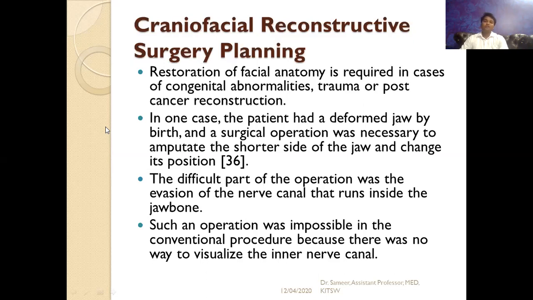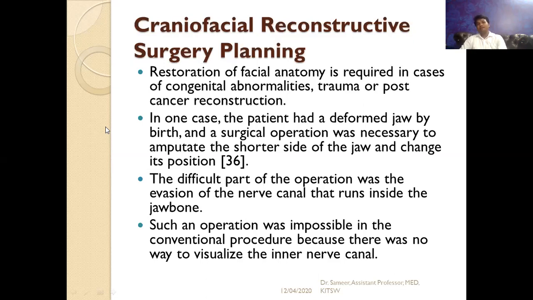And also in some cases of post-cancer reconstruction, if any tumors are there in the brain, that tumor has to be removed by taking off the skin first, which is on the skull, then the skull has to be removed, then the cancerous part in the brain has to be removed, whether it is in the brain or in the temple areas. Then it has to be covered with the bone back with the implants, and the skin has to be stitched.